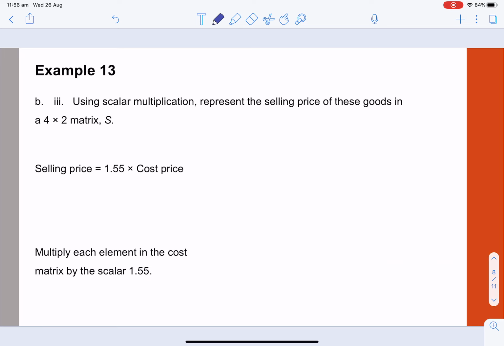B, part 3, using scalar multiplication, represent the selling price of these goods in a 4x2 matrix S. Now, the selling price is equal to 1.55 times the cost price.